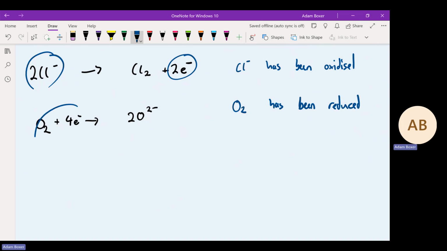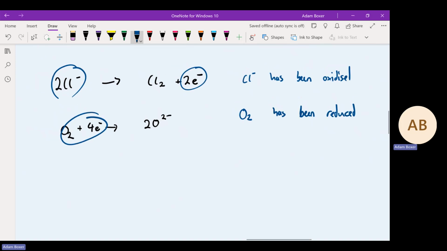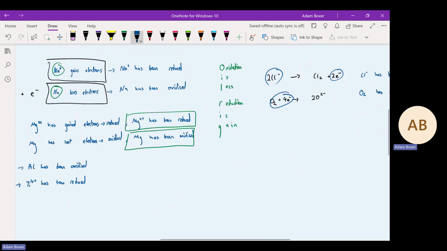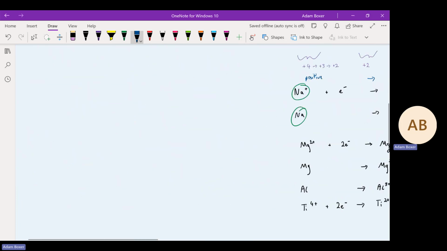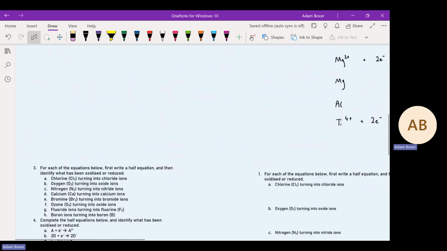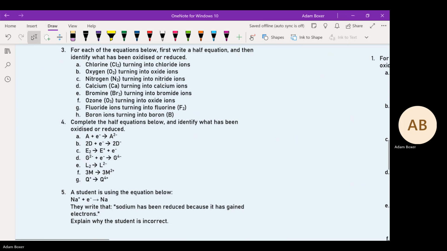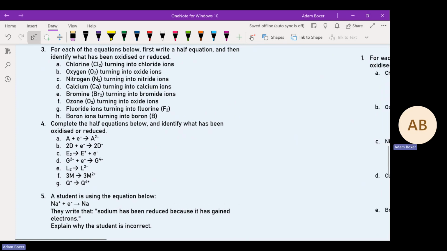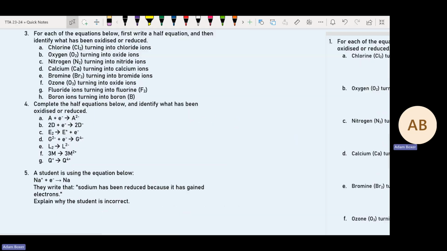It has gained electrons, it's picked up some electrons, so it's been reduced, and it's now O2 minus. If you got those 2 correct, you're ready to do some practice. So I'd like you to get started on these for me, please. I'll maximize my screen so you've got a bit more space.